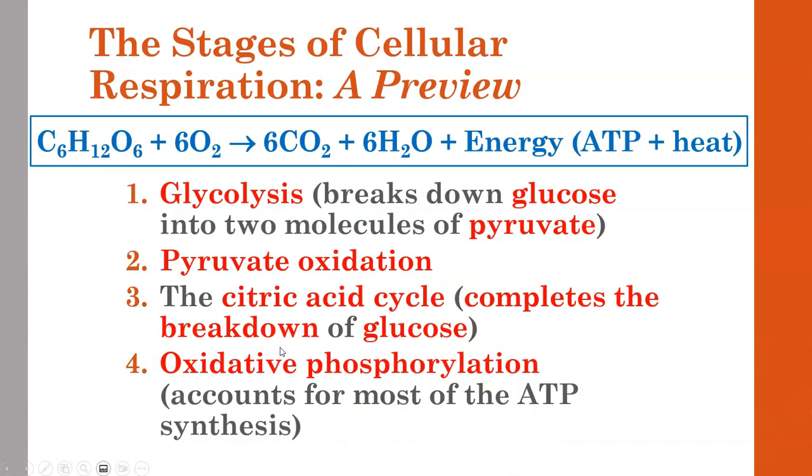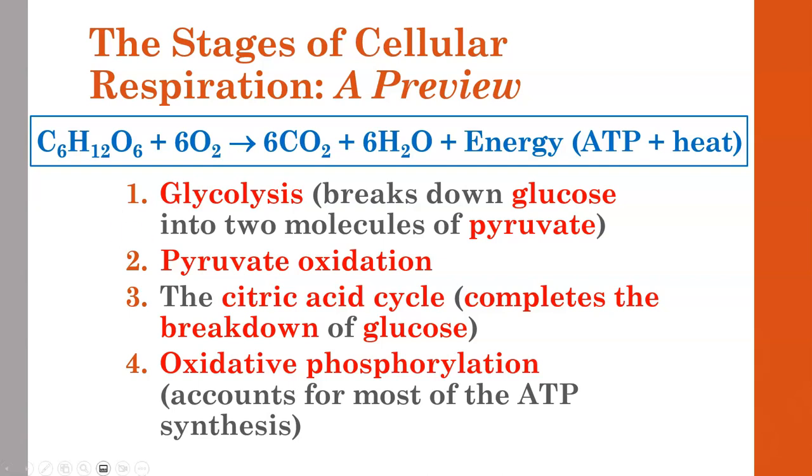So as I mentioned in the beginning of this lesson, we're going to be doing an overview of the whole process right now of aerobic cellular respiration. And we will get into the greater depths of this with future lessons. So for now, let's start with the overall reaction. The balanced chemical equation for cellular respiration is shown here.